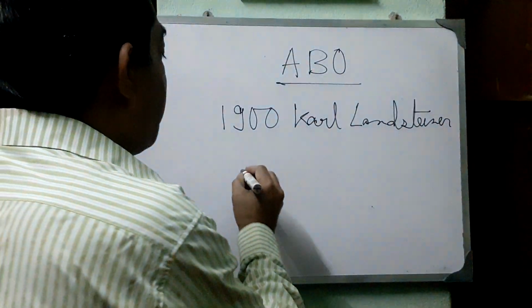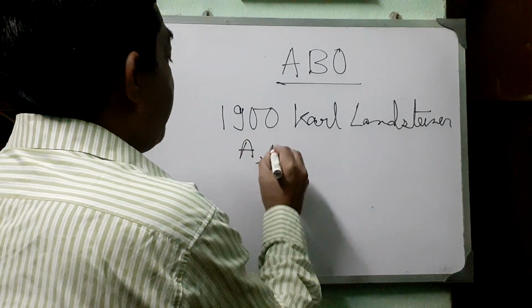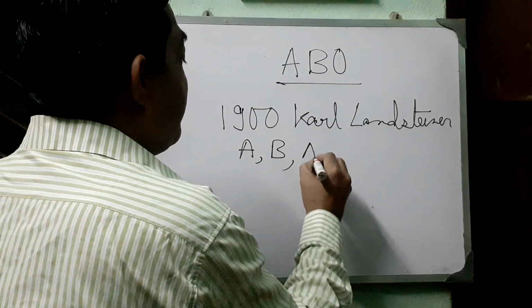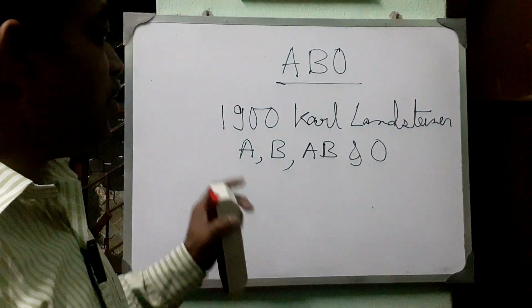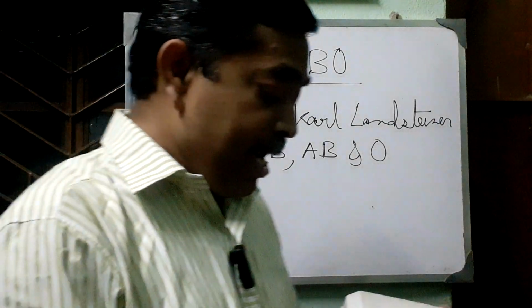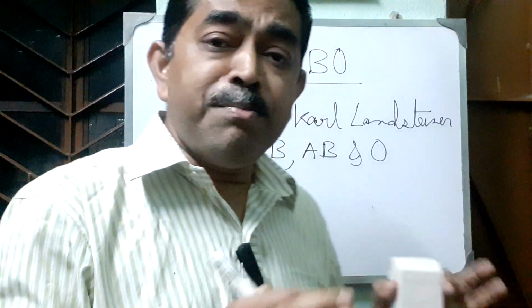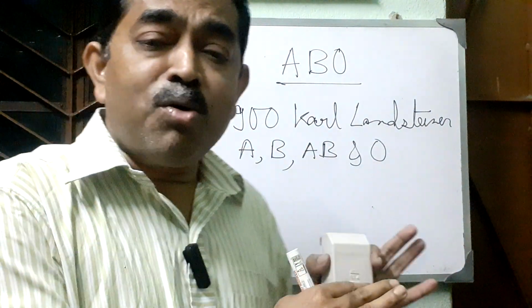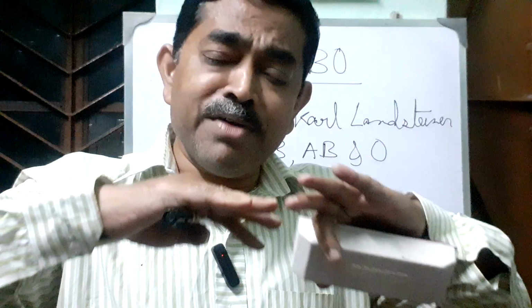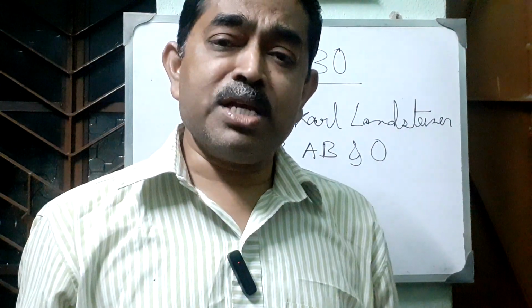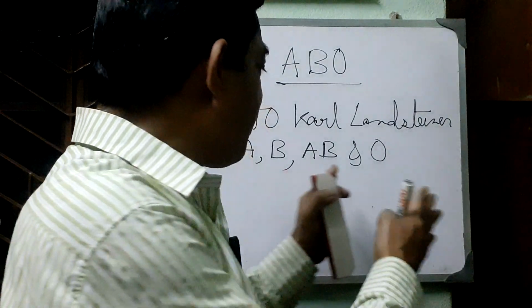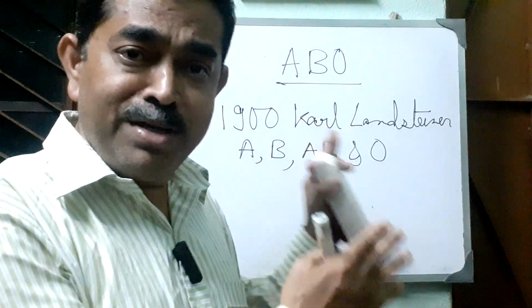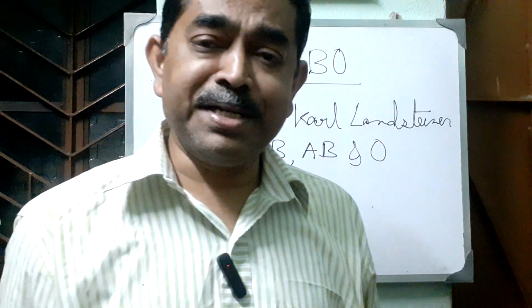These four groups are A, B, AB, and O. So he classified this, and after this ABO classification, several associations have been made between these phenotypes of ABO group, A, B, AB, and O blood type.